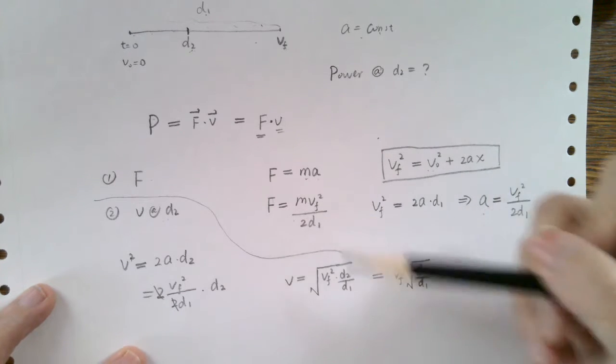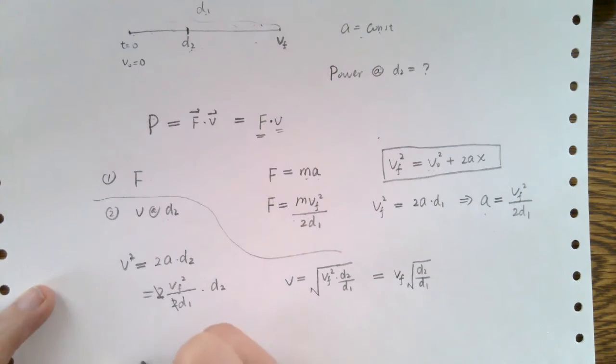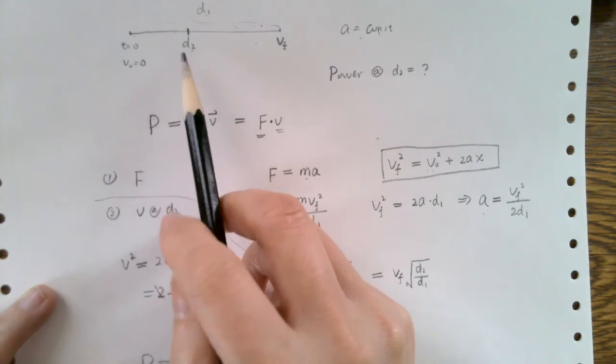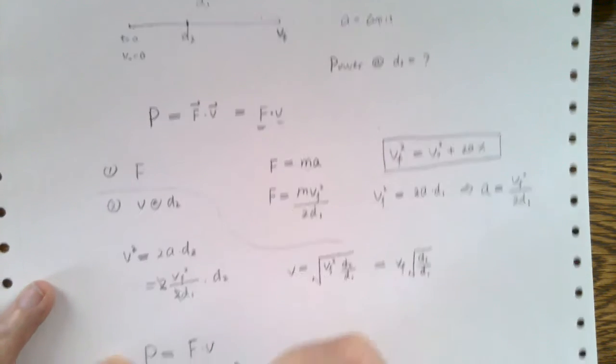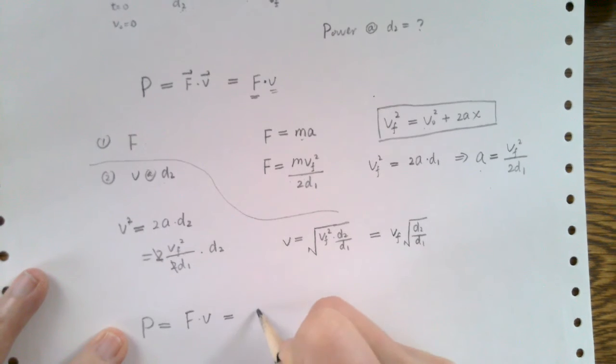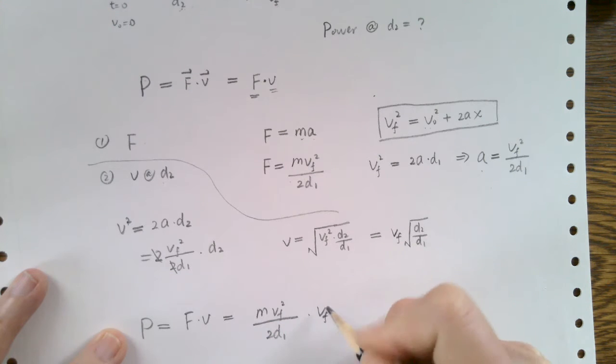See, we know the force, we know the speed or the velocity at that instant, and then the power when the electron passes the distance d2 equals F times v equals what? Equals m vf squared over 2d1, times vf times the square root of d2 over d1.